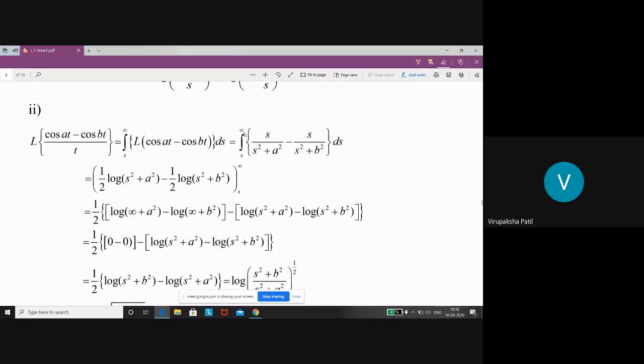Next, we will integrate separately these two terms. What is the integration of s divided by s square plus a square? Which formula are we going to use here?